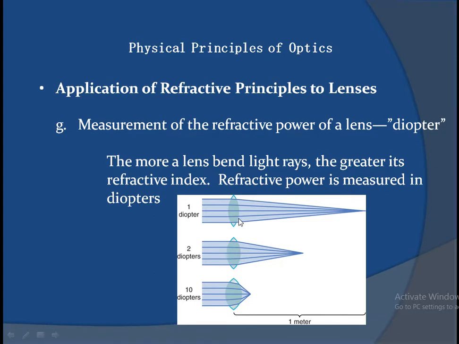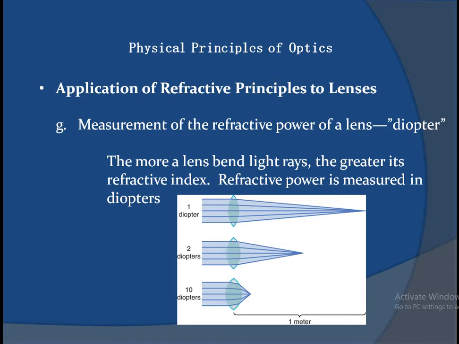That is, if you want to have an image nearby the lens, you have to use a more globular or convex lens. And if you want the image to form far away from the lens, you need a thin lens.